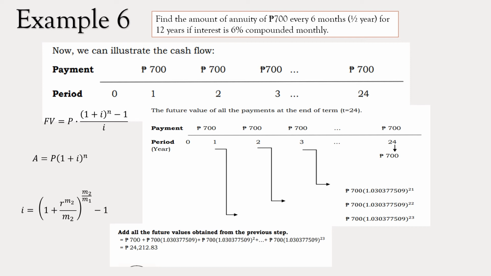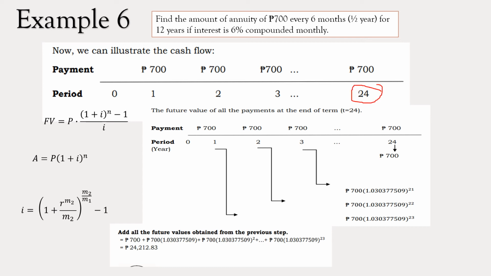So, payment on the first payment interval is 700, second interval 700. So, sa isang taon, 2 beses siya nagbabayad. So, for 12 years, kung 12 years yun, 2 beses siya sa isang taon, ang N mo ay 24.